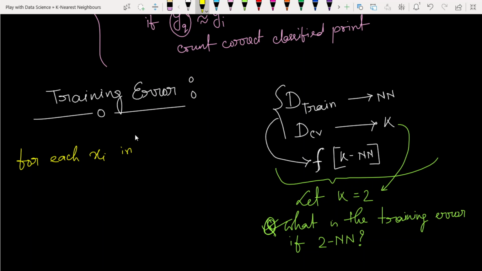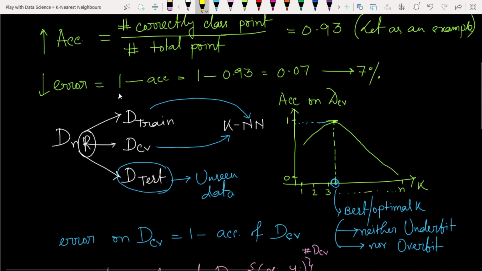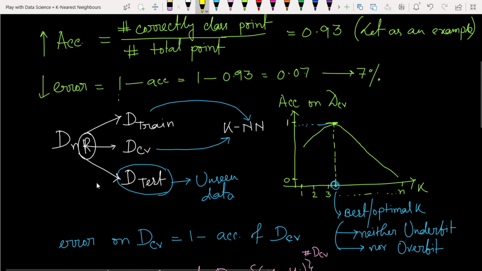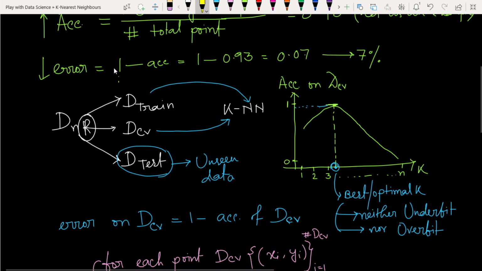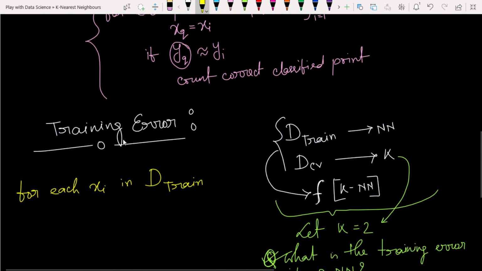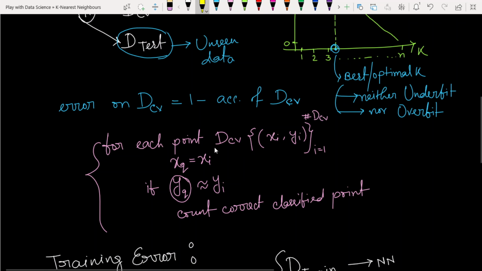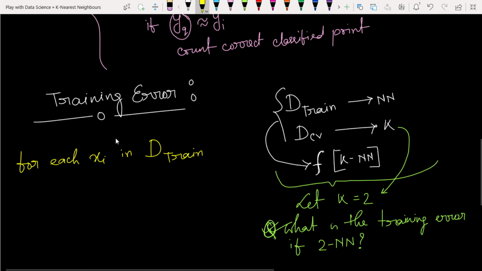So for xi in D train, this is the main difference between the cross validation error and the training error. If you get the accuracy, you can easily get the error, a simple subtraction. So training accuracy means that instead of taking the point from cross validation data, we take the point from our training data to find the accuracy. This is called the training accuracy.